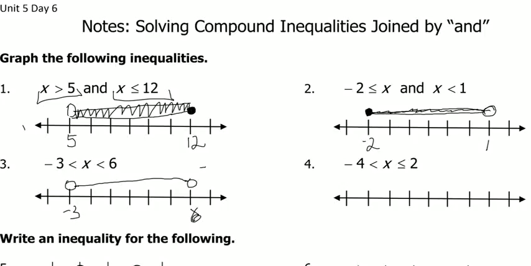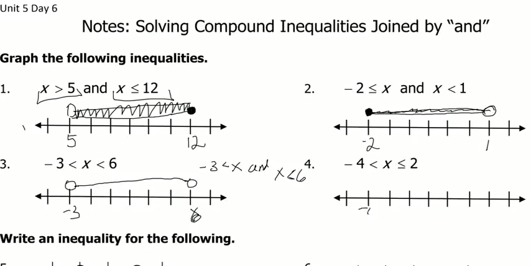Well, what we can do is we can go -3 less than x, and x is less than 6. And there we have it. So x is less than 6, and x is greater than -3. And there we have it.